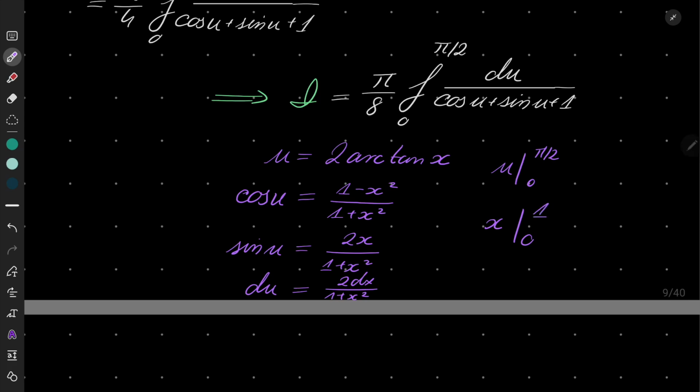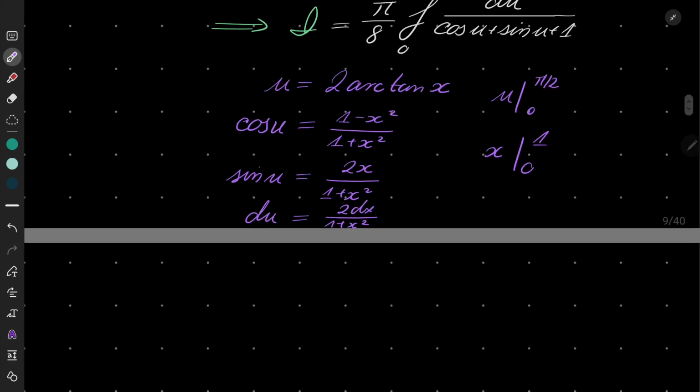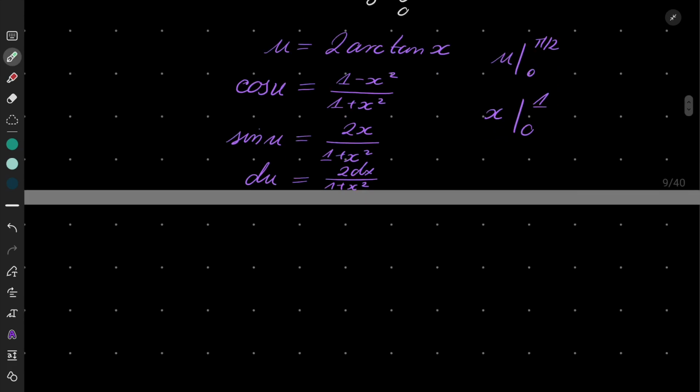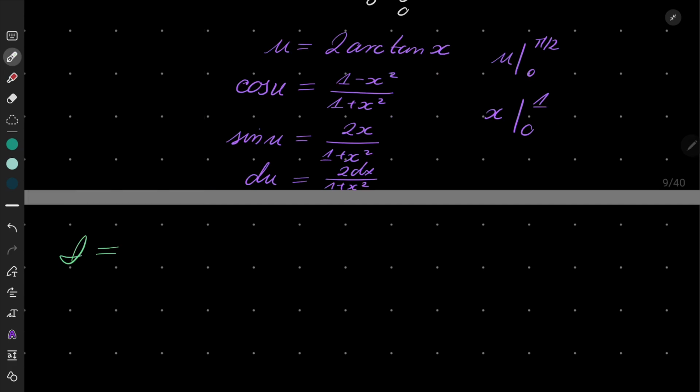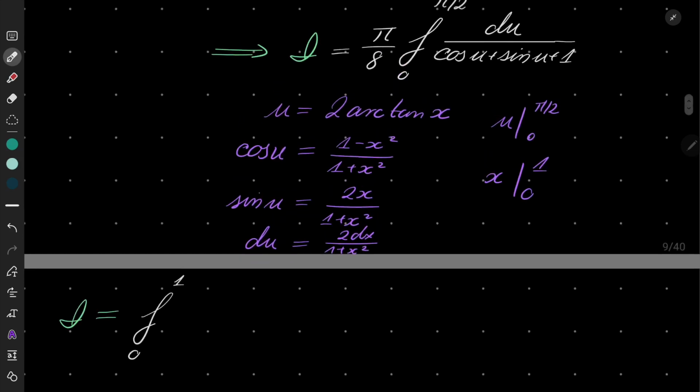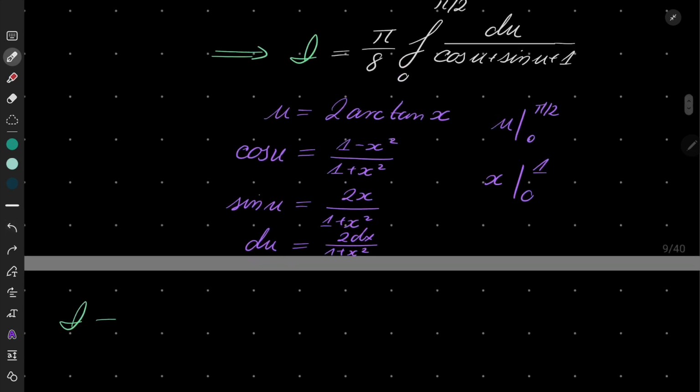So it goes from 0 to 1. So our integral I can be written as, this time from 0 to 1, sorry, pi over 8 stands in front, pi over 8 times the integral from 0 to 1, and let's put everything.